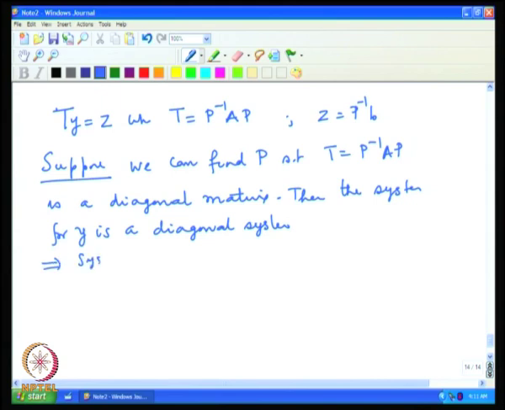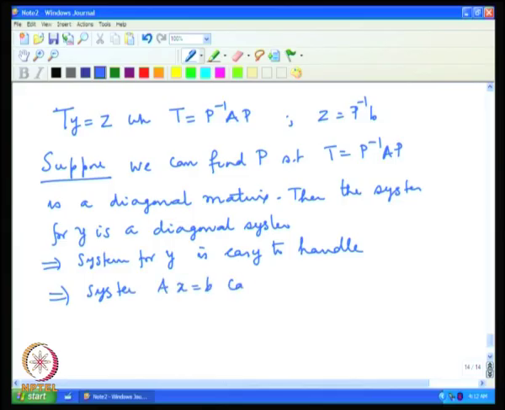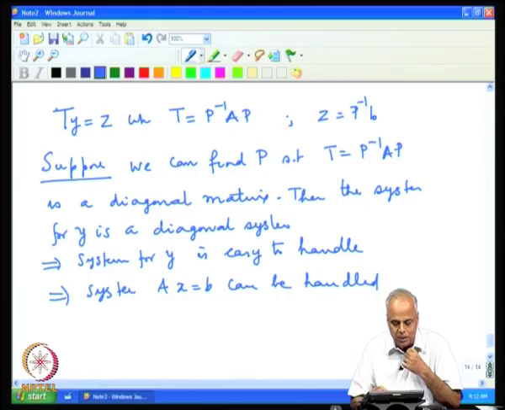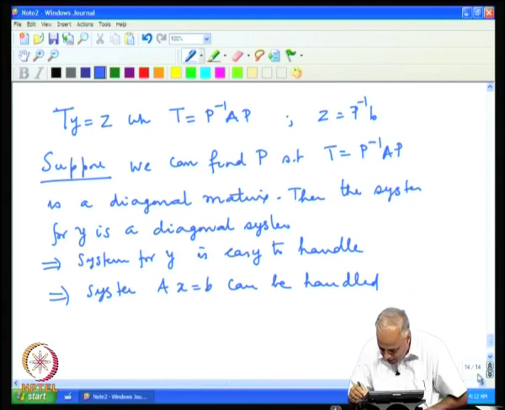So, the system for y is easy to handle, and since from the knowledge of y we can get x, the given system A x equal to b can be handled. Therefore, if this passage of change of variables works, then any system of n equations in n unknowns can be converted to a diagonal system.